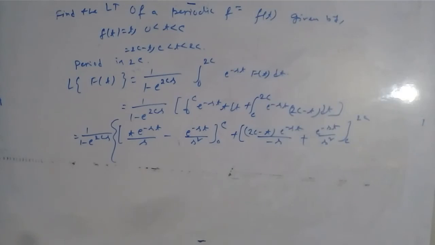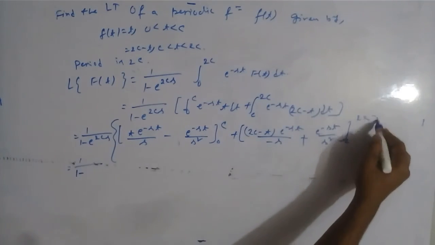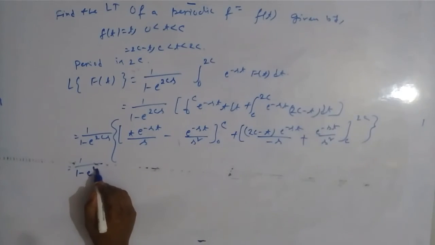Now I'll put the limits. 1 by 1 minus e to the power 2cs.